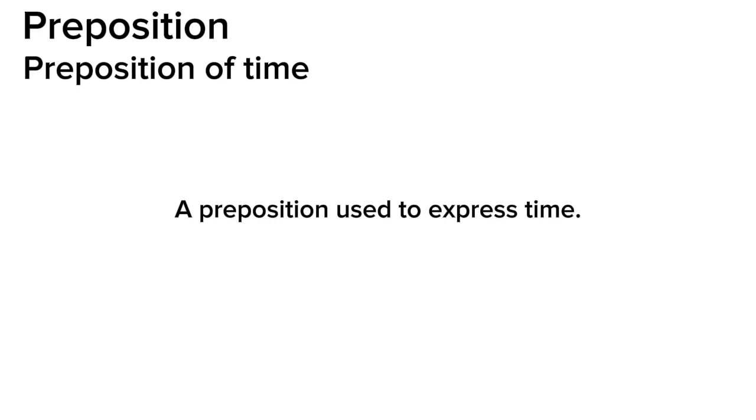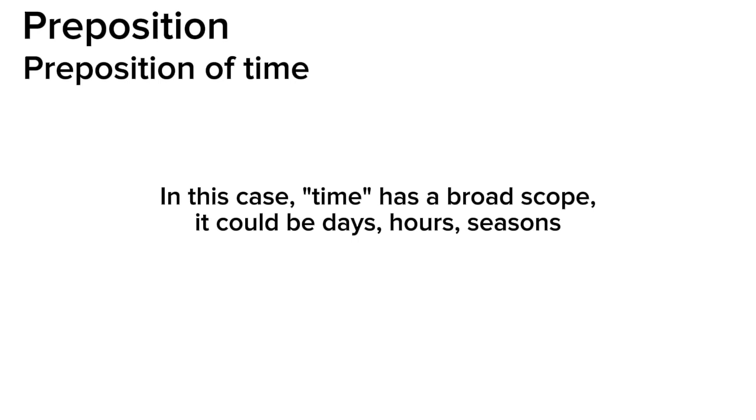There is a preposition of time, which is a preposition used to express time. In this case, time has a broad scope. It could be days, hours, seasons, and so on. Examples are after, before, during, since, until.